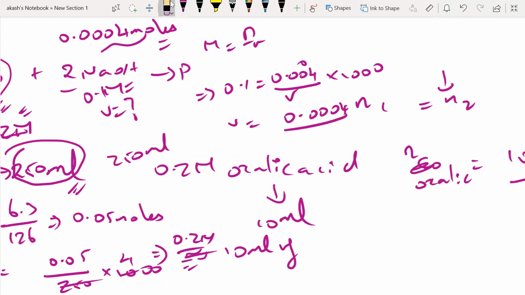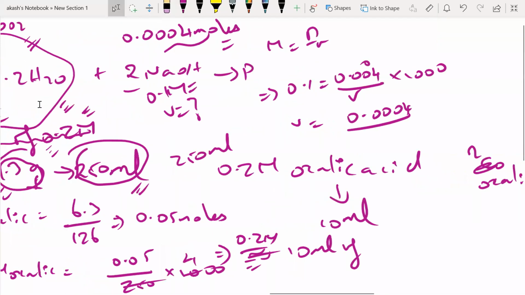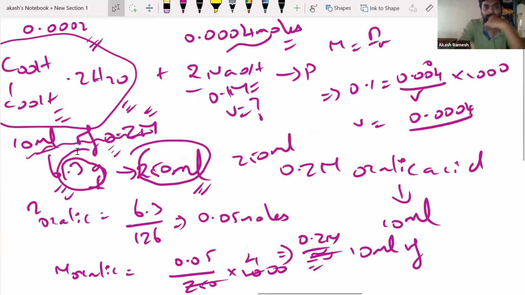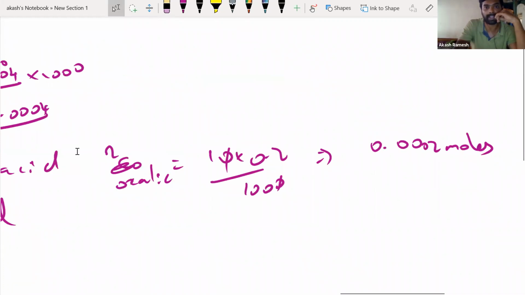Sir, wouldn't it be 0.004, not 0.0004? It should be 2 zeros and 4, 0.004. Okay, so when I calculated the number of moles of oxalic acid, it is coming as 0.2 divided by 100. I'll divide it by 100.